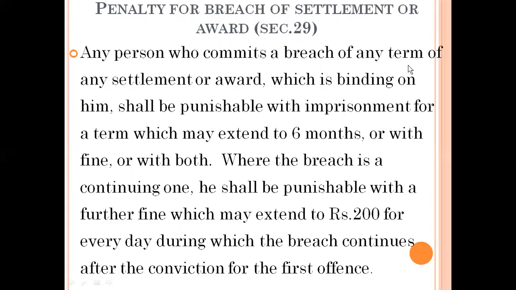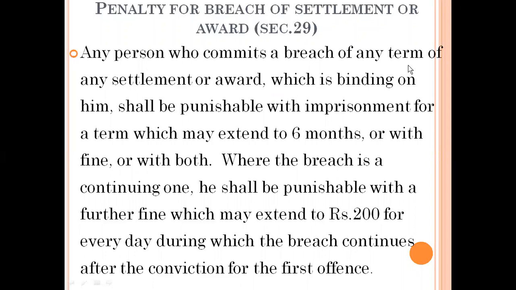Where the breach is a continuing one, he shall be punishable with a further fine which may extend to rupees 200 for every day during which the breach continues after the conviction for the first offense.